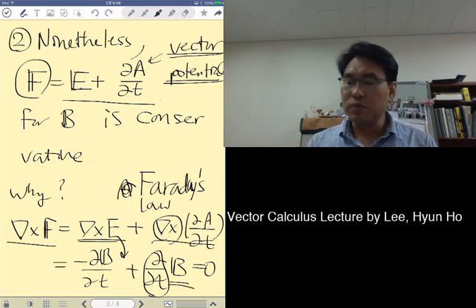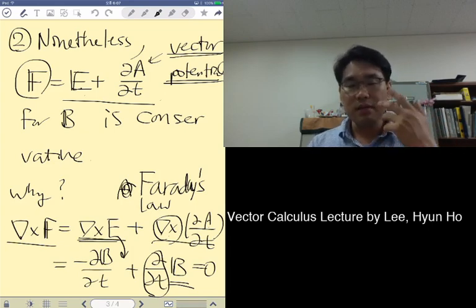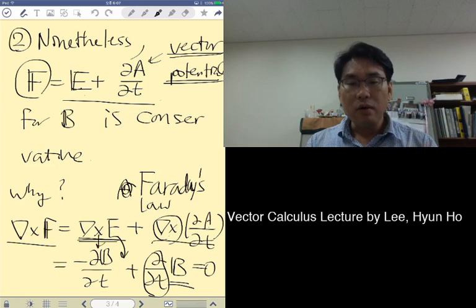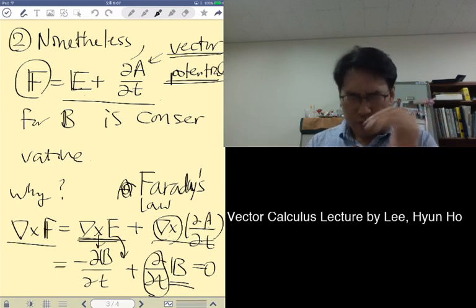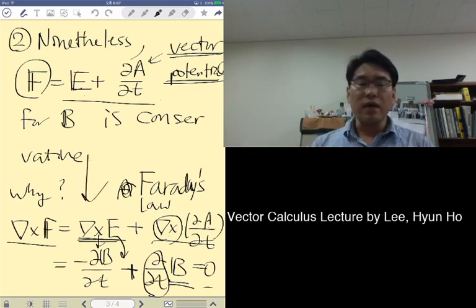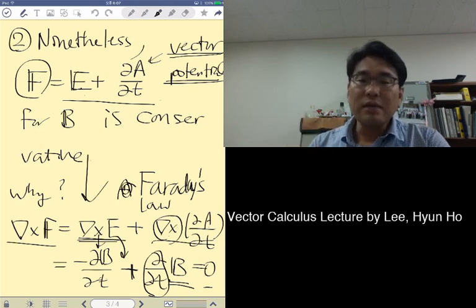But if you remember the last of the Maxwell equations, Faraday's law, the curl of the electric field is not zero, but is minus the time derivative of the magnetic field, partial B over partial t. So if you combine the second term, the first term and the second term cancel out, it's zero, right? So we have nabla times F equal to 0.